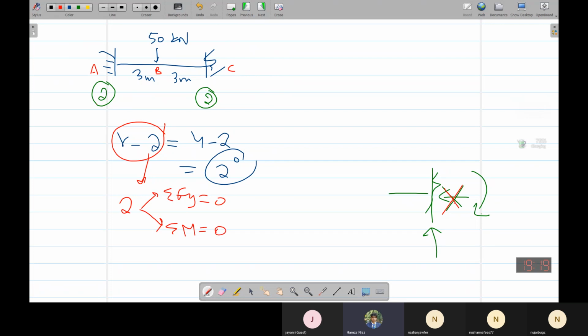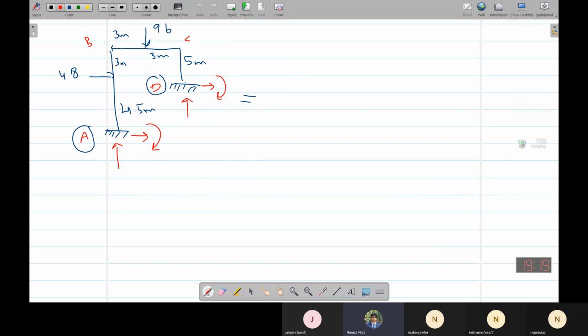Summation Fx we are not considering, so this is 2 equations. In a frame, there are 3: summation Fx, summation Fy and M. We consider all of these 3. So our formula would become R minus 3.